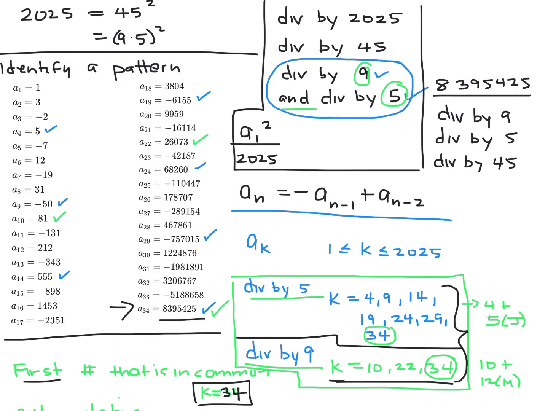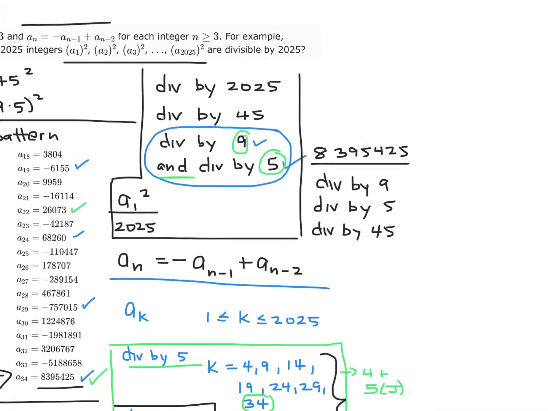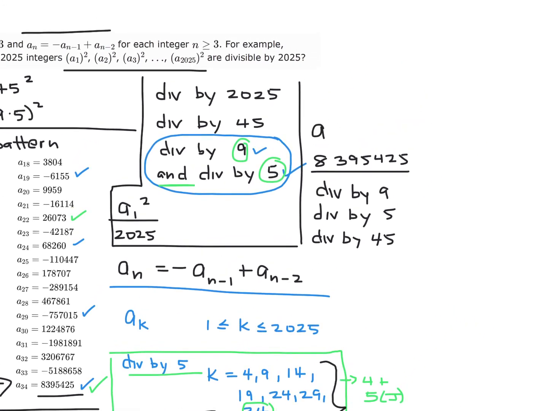So if a number is divisible by 45, then let me just remind everybody what this was. This was A34. So that means that A34 all squared would most definitely be divisible by 45 squared, which is 2025.